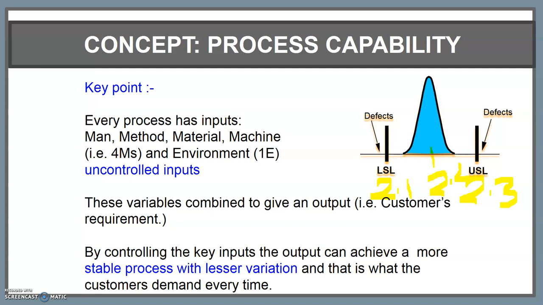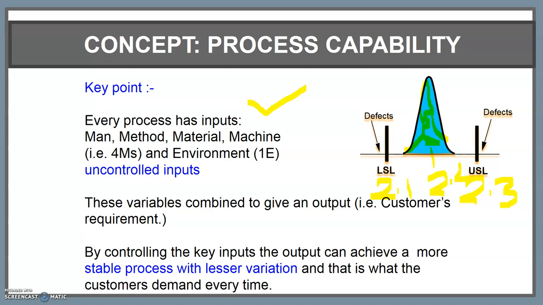If this is your process data, and your process always produces a product between 2.1 and 2.3, that means it is within my tolerance range, and your process is capable.